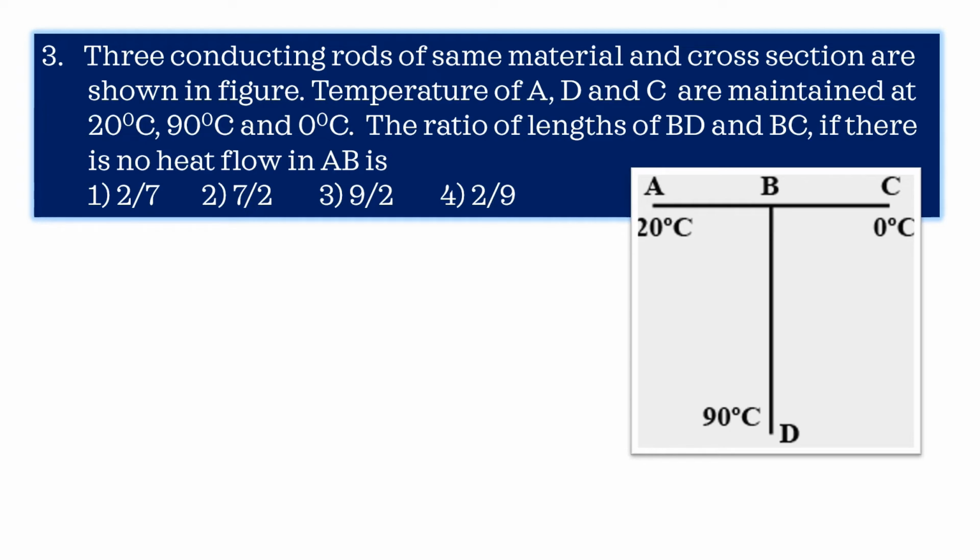Since there is no heat flow in AB, theta B minus theta A is equal to 0.